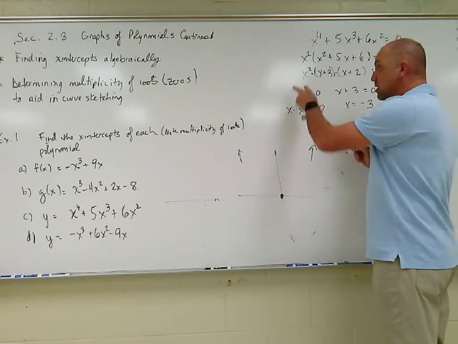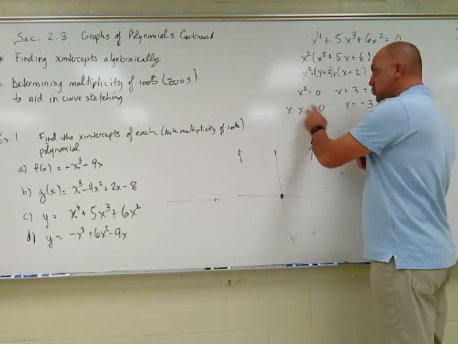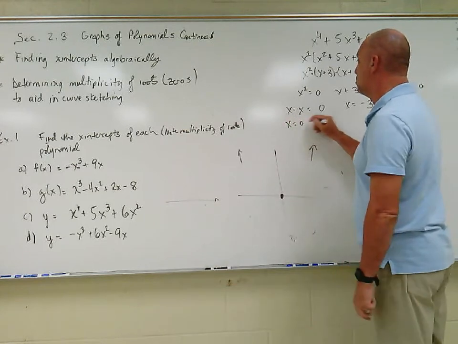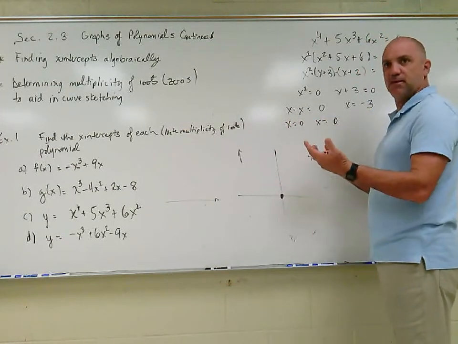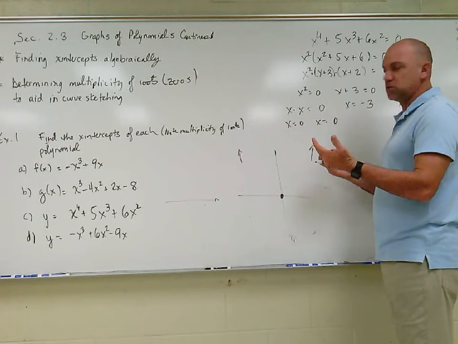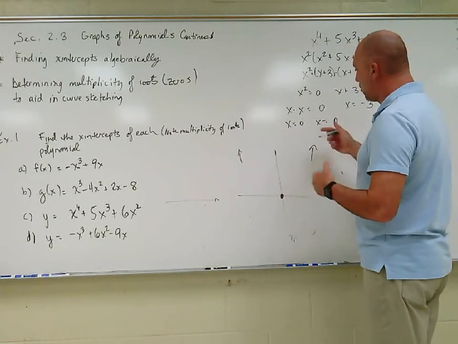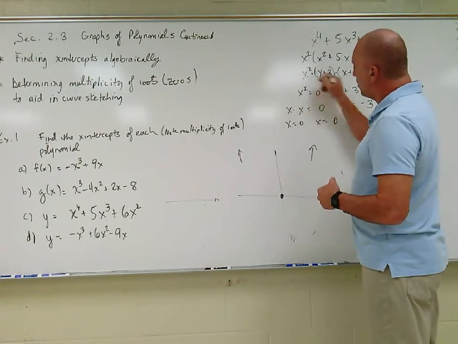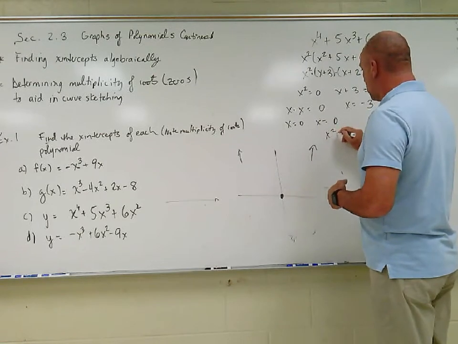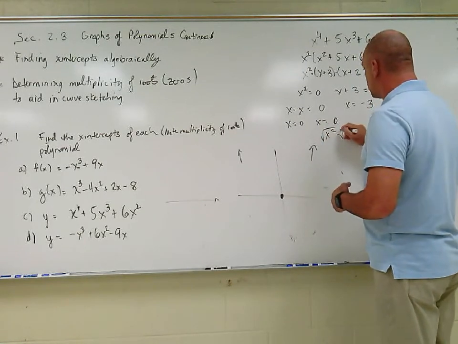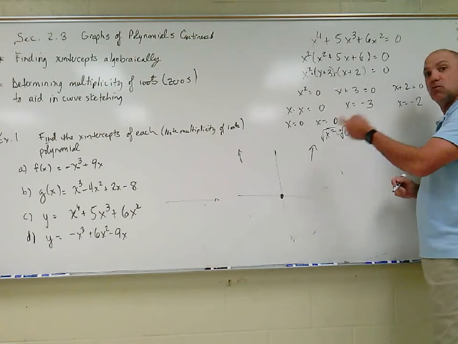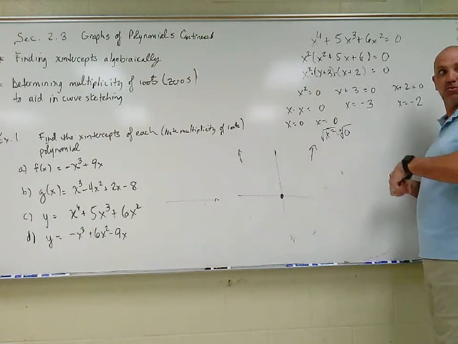So there's technically 2 x's there. And then if you set each of those equal to 0, you would have got the same answer twice. That's where it's misleading. Or the other way you could have looked at it is when you solve x squared is 0, when you do square root, you should put plus or minus. So plus square root is 0, minus square root is 0. Either way, there's 2 solutions.